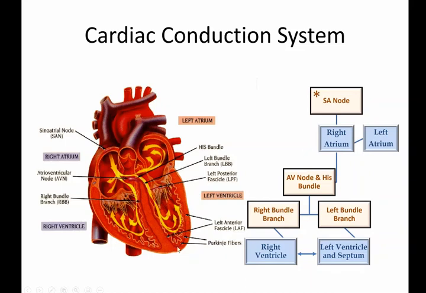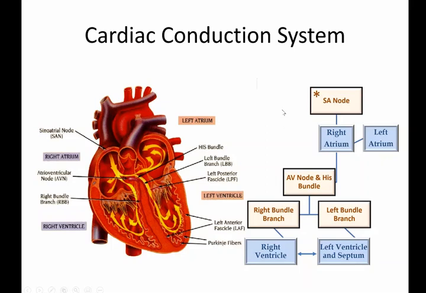As we understand, a single dominant pacemaker controls the atrial as well as the ventricular contractions. But suppose this SA node does not fire or becomes very slow. We still need a ventricular impulse for ventricular contraction and cardiac pulse.